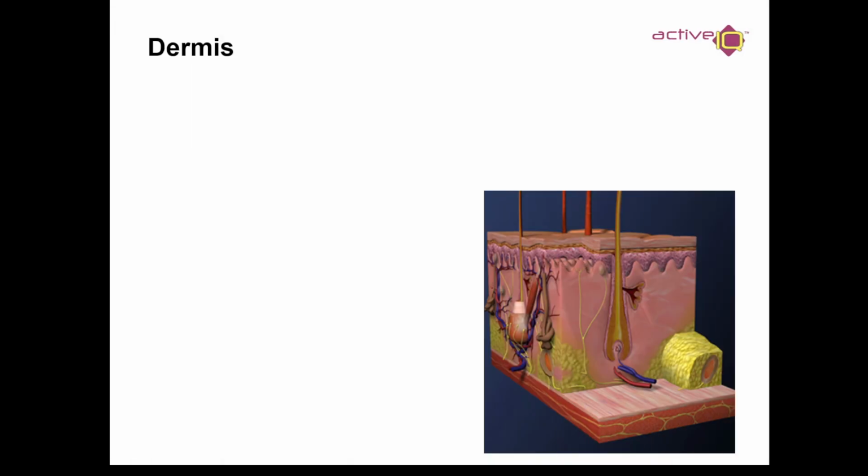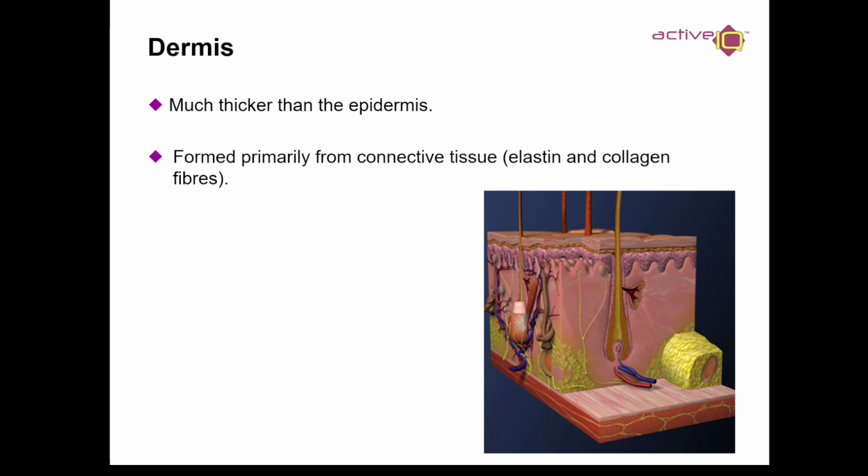So I mentioned we were going to go onto the dermis and look at why this was more important. Well, one thing to start off with is that it's actually much thicker than the epidermis. And there's a particular reason for this. It's formed primarily of connective tissue, which is your elastin and your collagen fibers. But it also contains a lot more important structures.